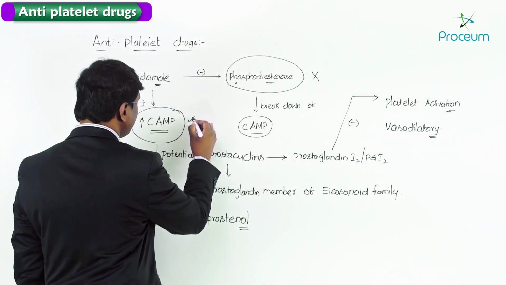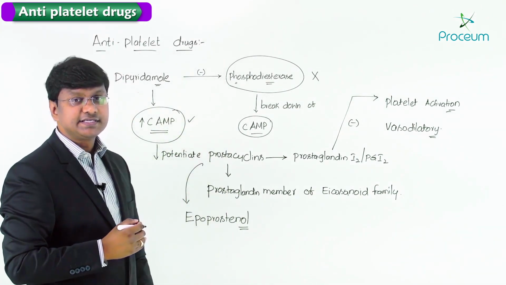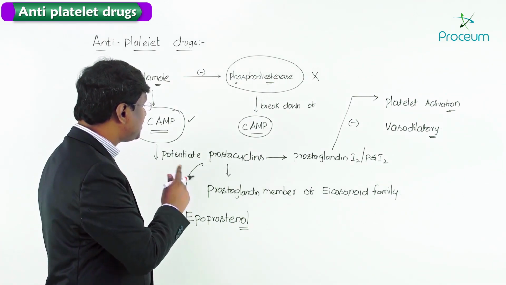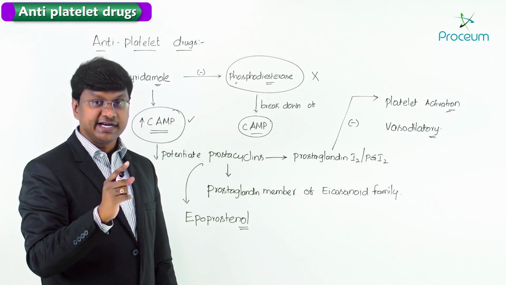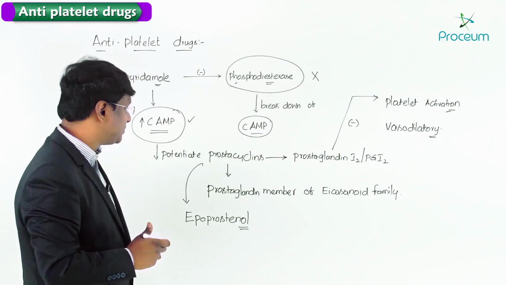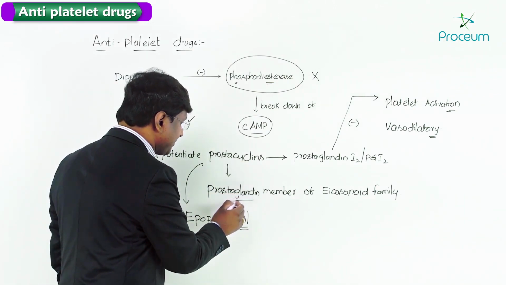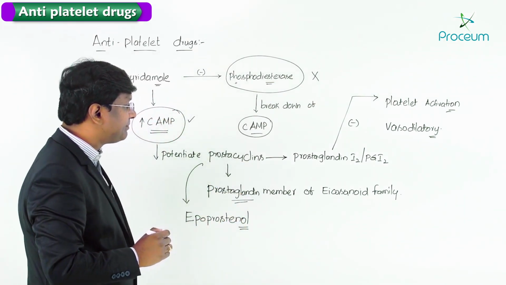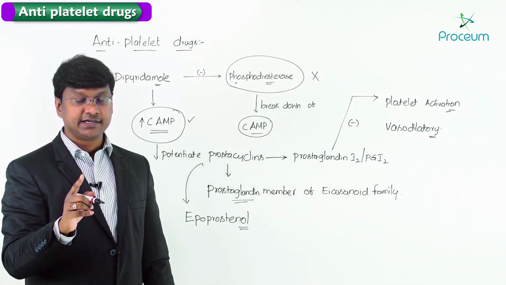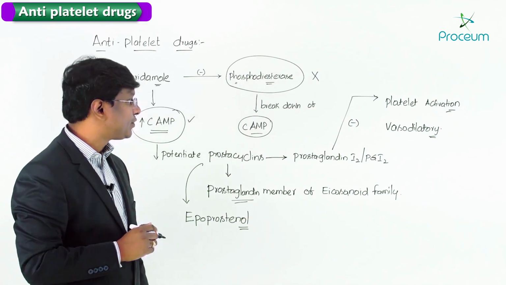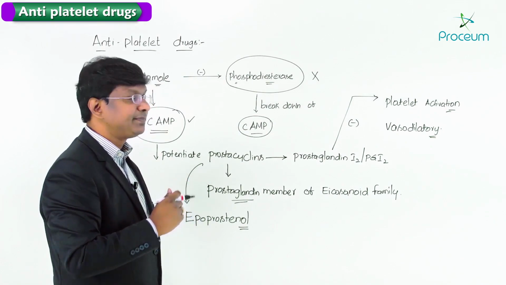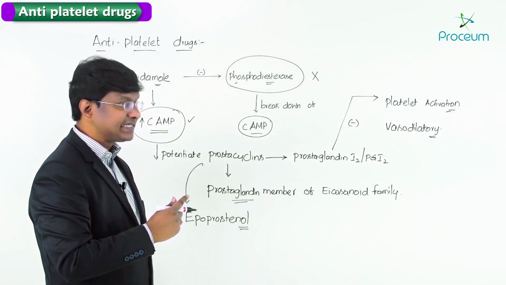So there will be an increase in the cyclic AMP levels, and this increased cyclic AMP will potentiate the action of the prostacyclins, which are nothing but prostaglandin I2 or PGI2. This prostacyclin is a prostaglandin member of the icosanoid family, and when used as a drug, it is known as epoprostenol, and it inhibits platelet activation.